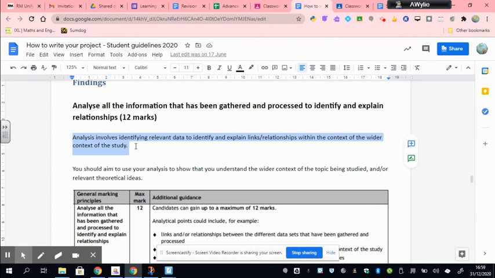So the graph shows me that. So what you now need to do is tell me the story of the graph. So draw my attention to the fact that the graph shows that there is a difference. Give me the evidence from your piece of data presentation that supports there being a difference in the 2 graphs. Or if the 2 graphs are the same, then you should make that apparent to me.